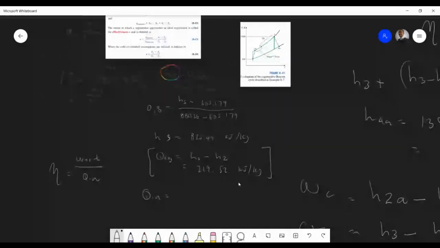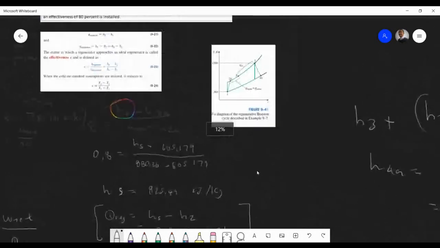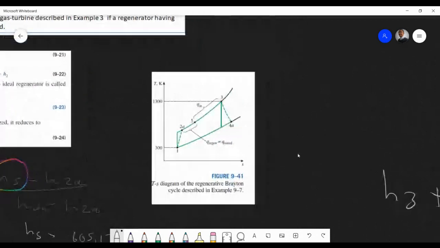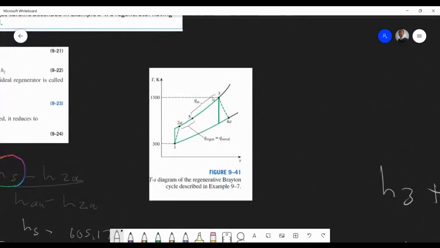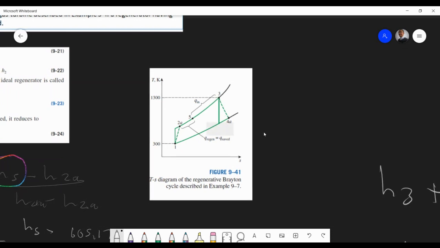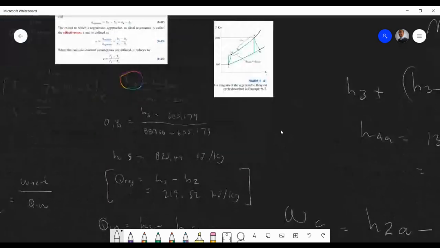If you look at the TS diagram, normally from point 3 to 2A was our total amount of heat supplied. But now we've saved an amount, so the actual amount supplied is simply H3 minus H5.